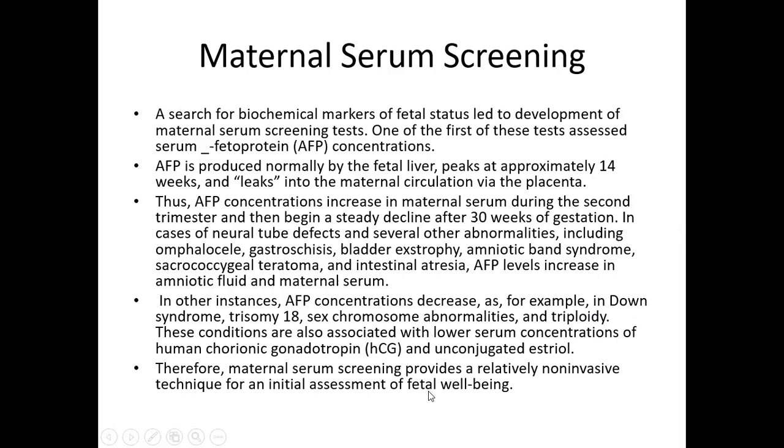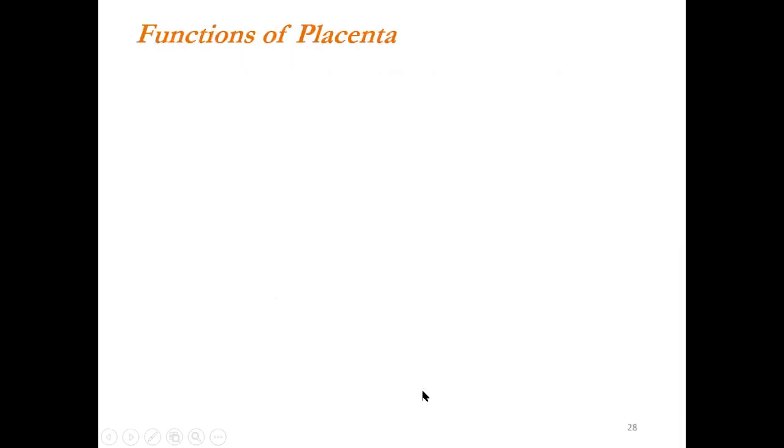Then in the quadruple test, along with these three agents, there is also a determination of a hormone known as inhibin A. So that is the quadruple test. Maternal serum screening provides a relatively non-invasive technique for an initial assessment of fetal well-being.